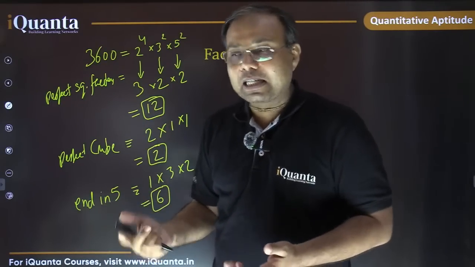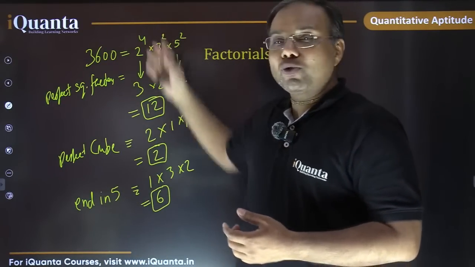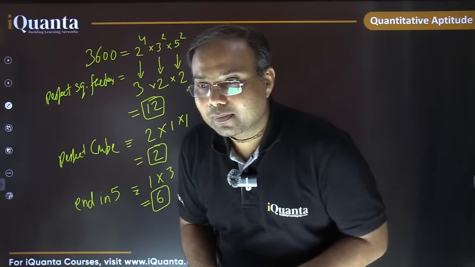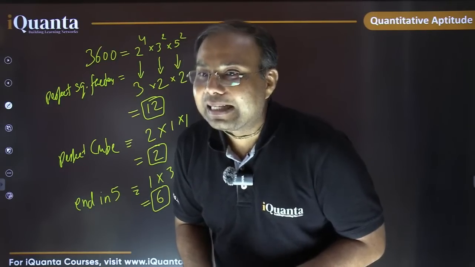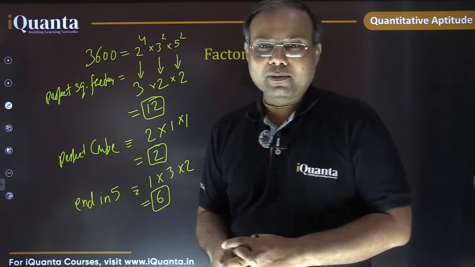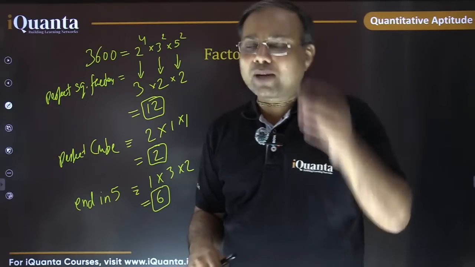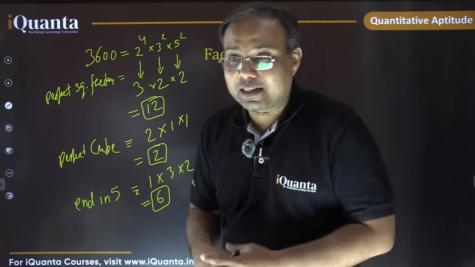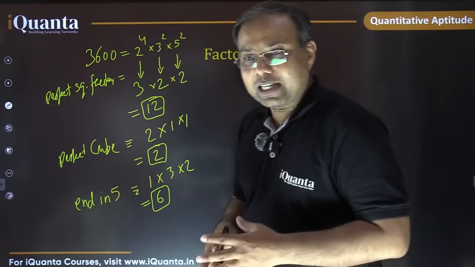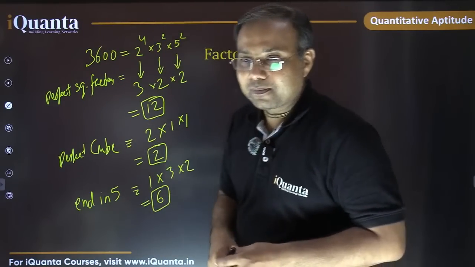Whatever constraints are there, accordingly, we need to choose the particular powers of those prime numbers. Yes, exactly. That's my point, Shaurya. Counting is better than removing, because while removing, you can sometimes miss the basic constraints. So be careful about what are the constraints and accordingly choose your way.